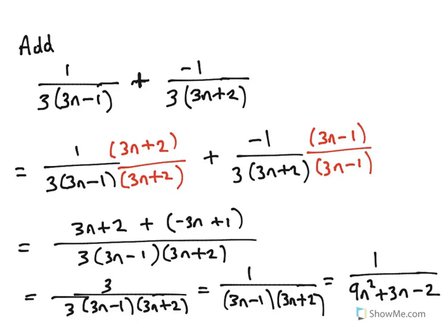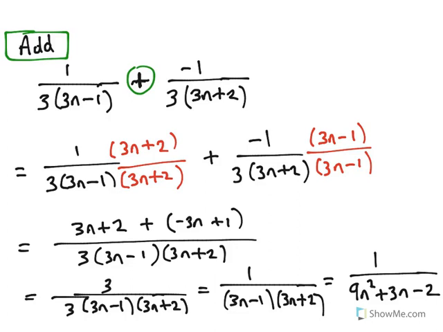So before we look at partial fraction decomposition, we'd like to look at this problem to understand the concept. So in this problem, we're adding two rational expressions together. And to add two rational expressions, you need a common denominator, just like you need a common denominator to add two fractions together.